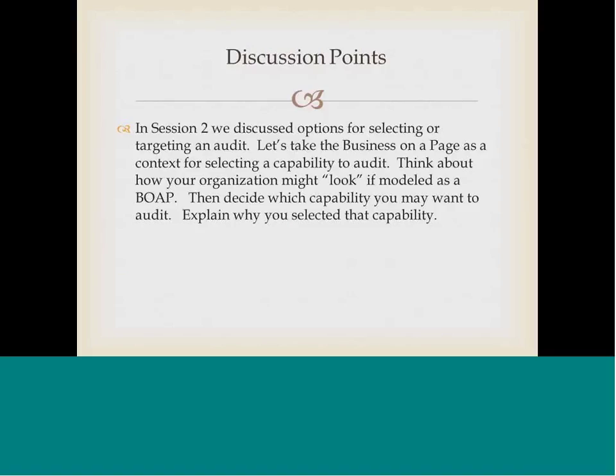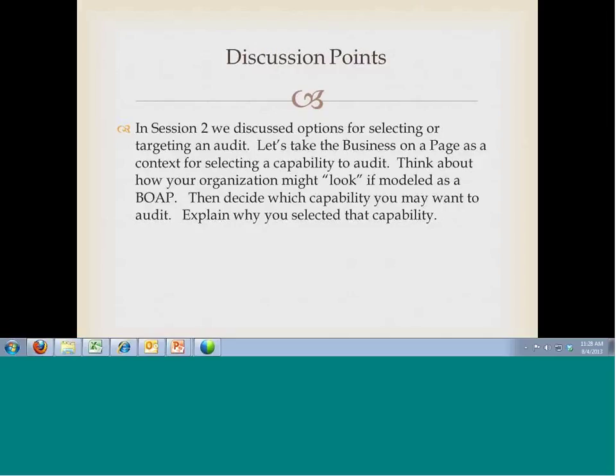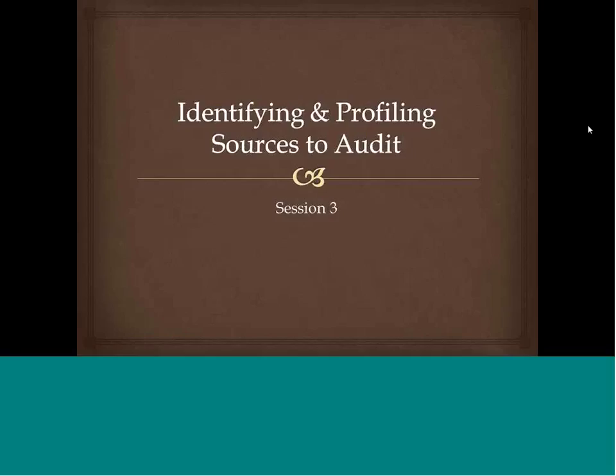So think about how it might look if it was modeled as a business on a page, and decide which capability you may want to audit. And just explain or share with us why you selected that capability. Then how to go about identifying it.